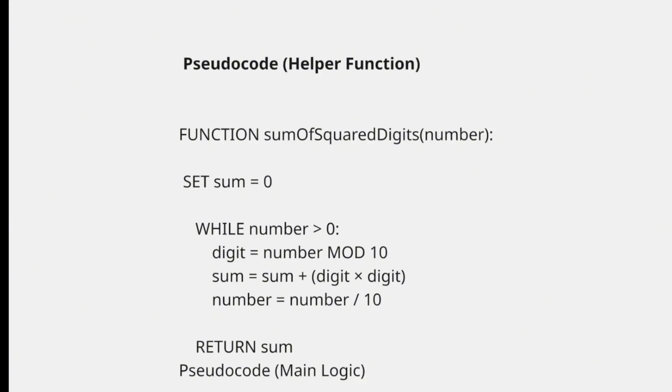After that, we square the digit and add it to the running sum. Then we remove the last digit by integer dividing by 10. So 82 becomes 8, then 8 becomes 0, and the loop ends. After all digits are processed, I return the final sum of squares.